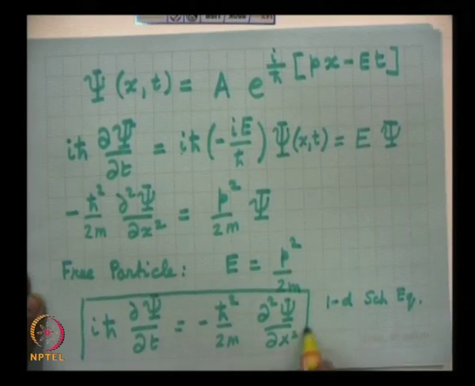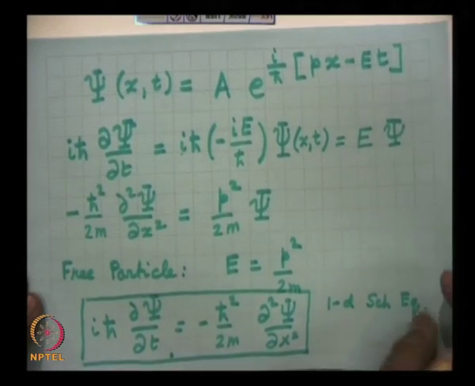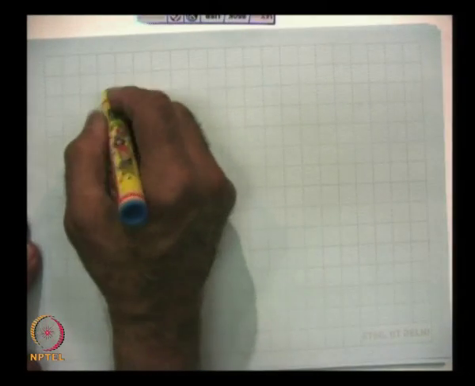Now, the derivation that I have given is far from rigorous, but once I have derived this equation, I will study its solution. So, let me do one more thing, that I had derived two equations.